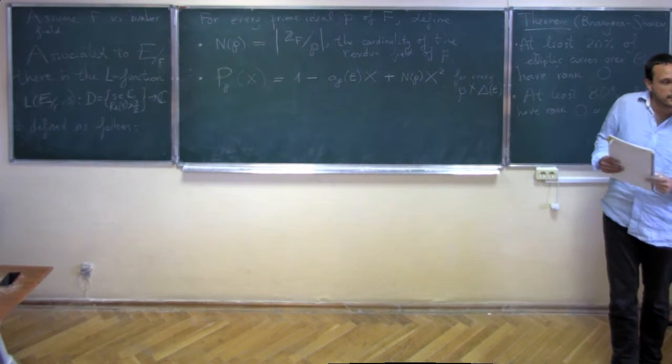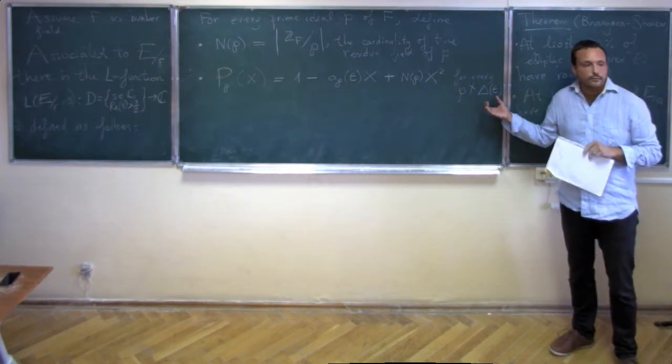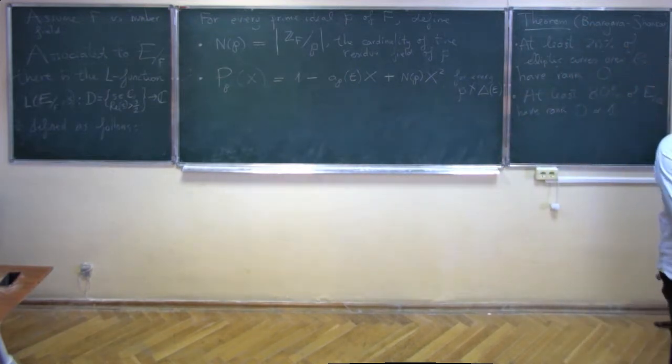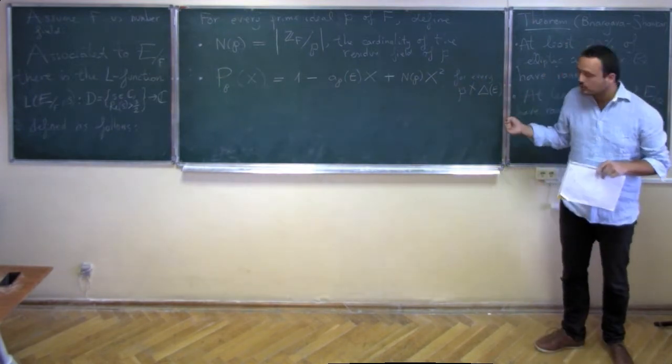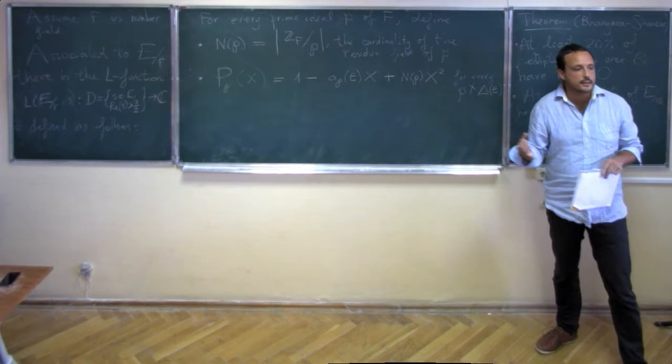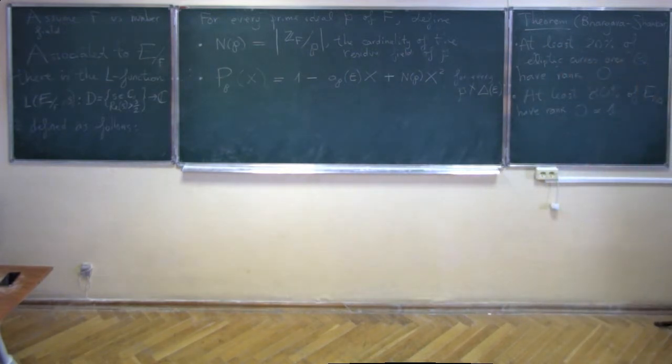Remember that the discriminant of the elliptic curve was roughly 4a cubed plus 27b squared. So this was a number, an element in F. So we are asking these prime ideals or these prime numbers not to divide this quantity.